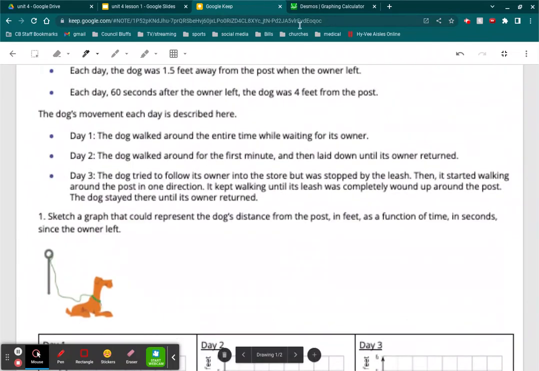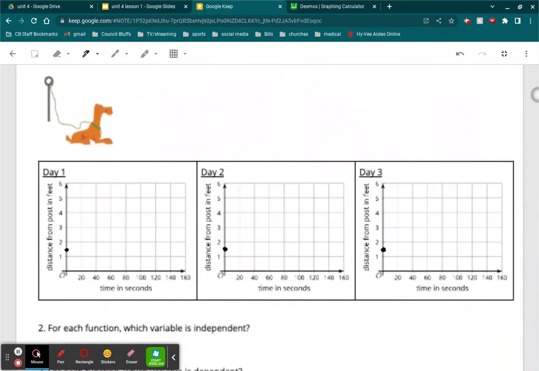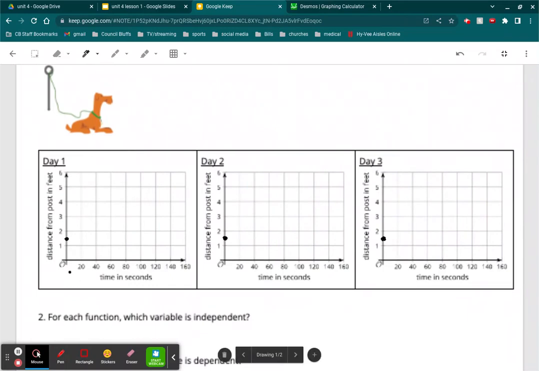Each day, 60 seconds after the owner left, the dog was 4 feet from the post. So each day at 60 seconds later, the dog is going to be 4 feet from the post.